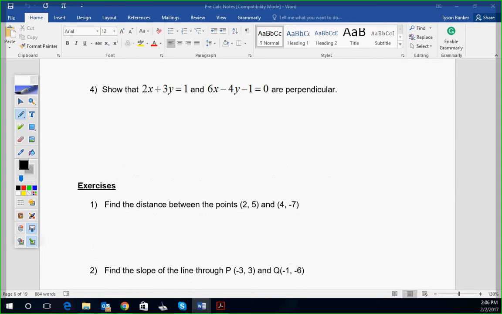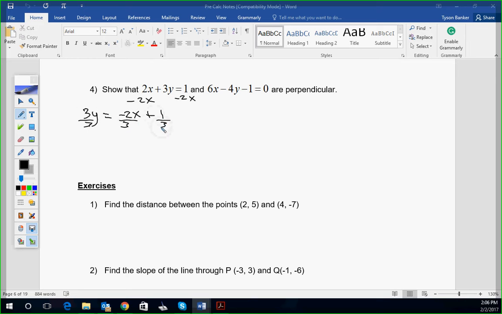We're going to do one with perpendicular now. This one actually asks us to prove they're perpendicular, so it's a little bit easier. We're just going to solve for y on both of them and then prove that they're negative reciprocals of each other. So minus 2x, 3y equals negative 2x plus 1, divide 3 to everything.